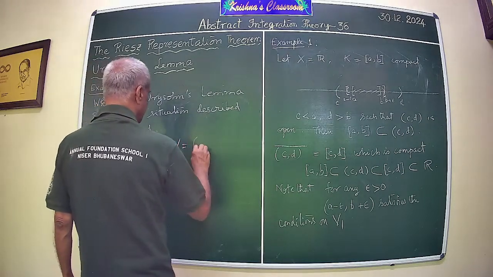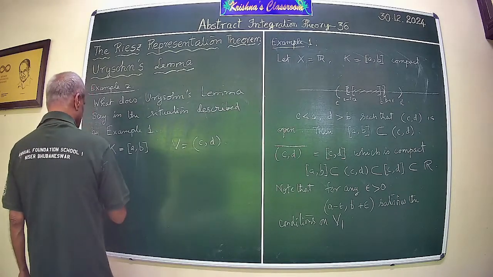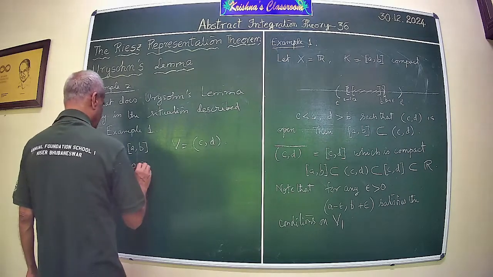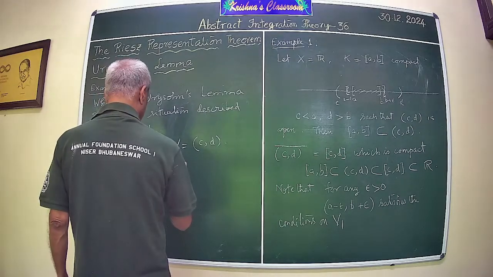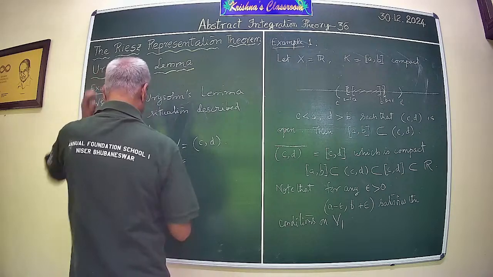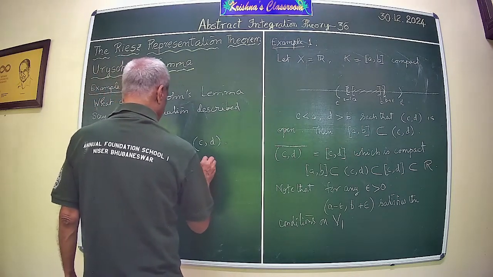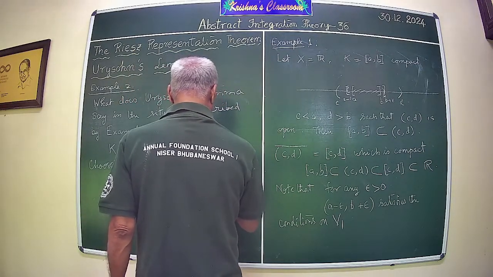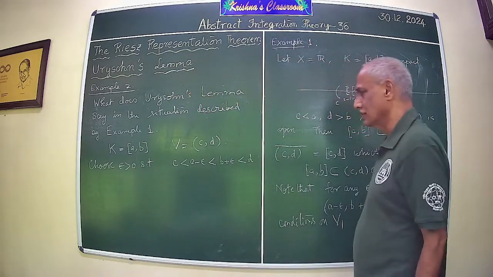V equal to (C, D) such that C is less than A minus epsilon less than B plus epsilon less than D. Such an epsilon always exists.